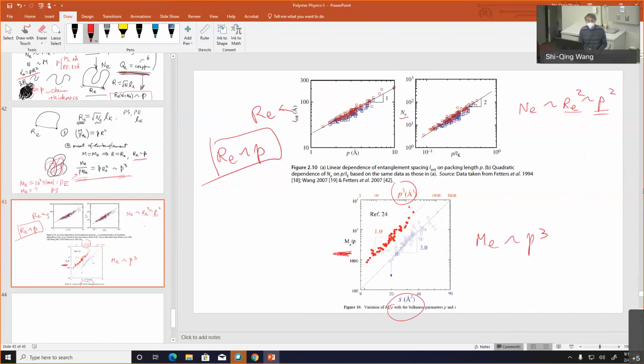So basically you see that it turns out there are 4 independent groups, at about the same time in the mid-80s, who proposed this concept, the packing length conjecture. And it turns out most of the linear flexible polymers that we are familiar with, commercialized or not, many of them what we use every day, indeed obey this relationship.